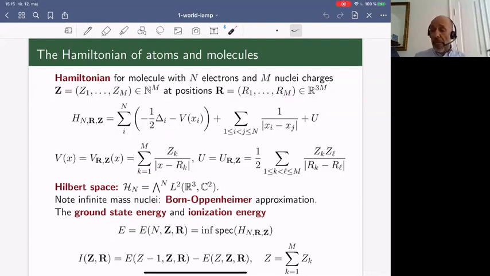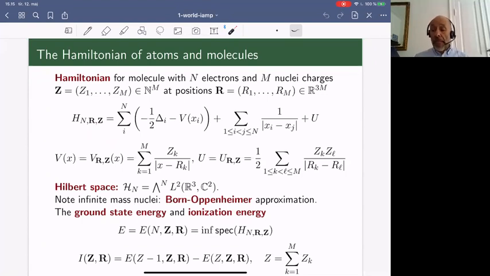Okay, and the Hilbert space, as you all know, these are fermions. So the Hilbert space is the antisymmetric tensor product, and I'm including the spin value. But here I'm using the Born-Oppenheimer approximation, meaning I think of the nuclei as having infinite mass. So the nuclear positions are parameters, and if I want to find the geometric structure of the molecule, I would minimize over the positions of the nuclei.